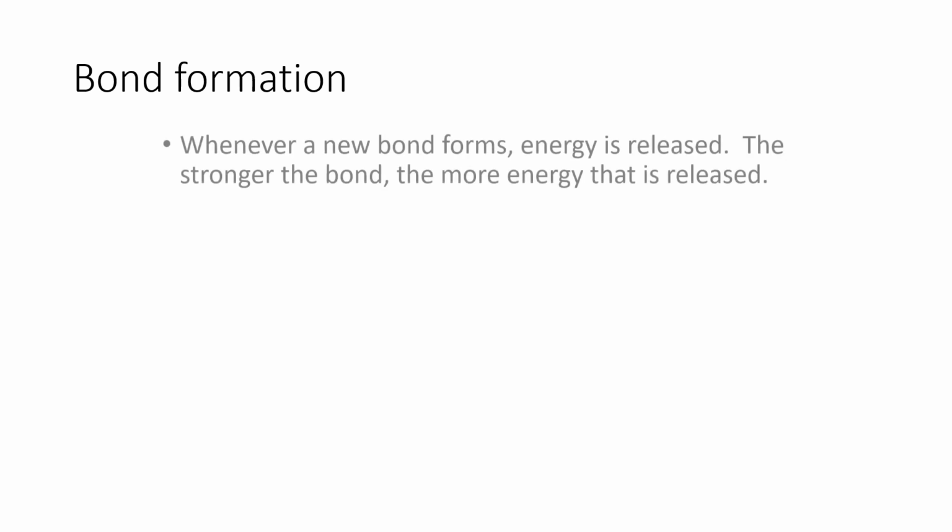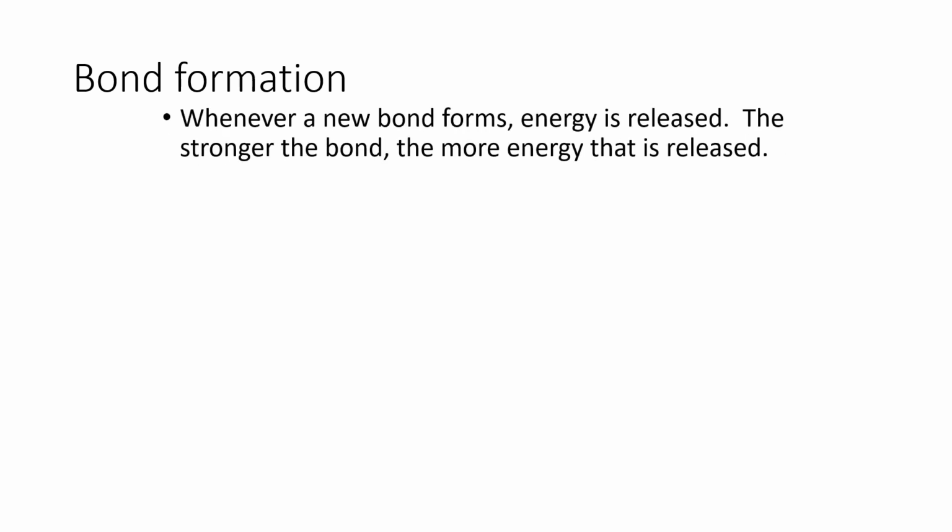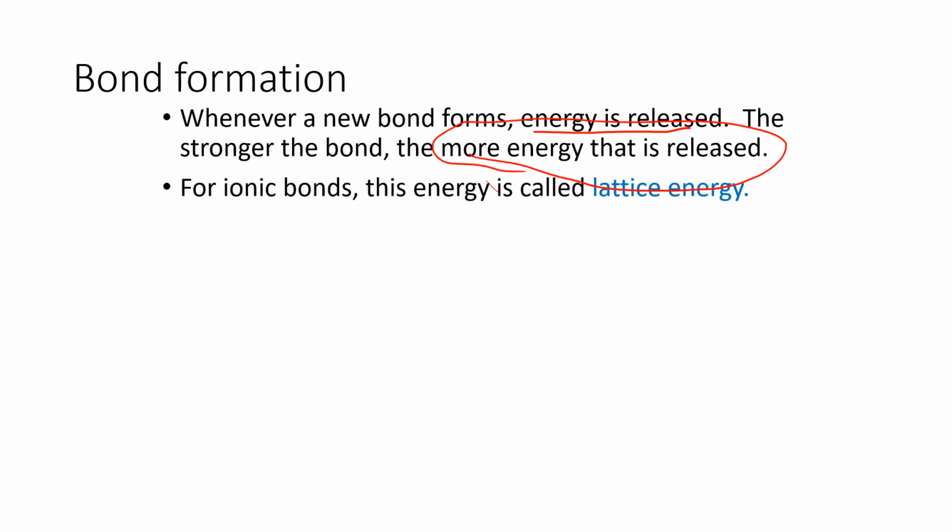Now let's look at bond formation. Whenever a new bond forms, energy is being released. The stronger the bond, the more energy that is released. We talked about energy being released in our last unit. Whenever energy is being released, that is an exothermic reaction. For ionic bonds, this energy is called lattice energy because they are in a crystallized structure.